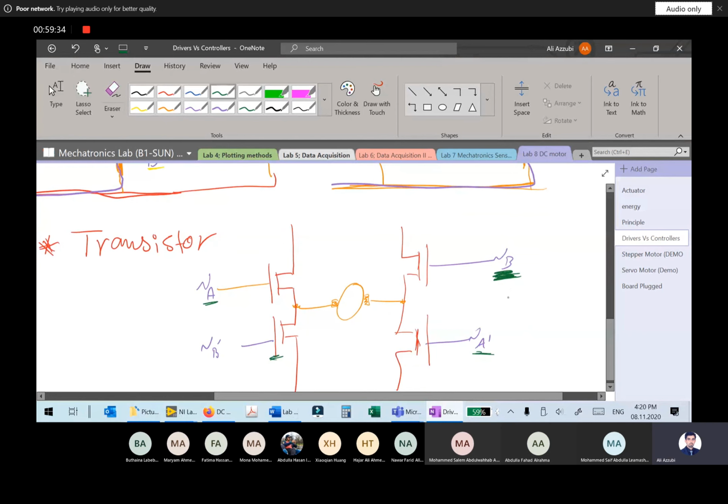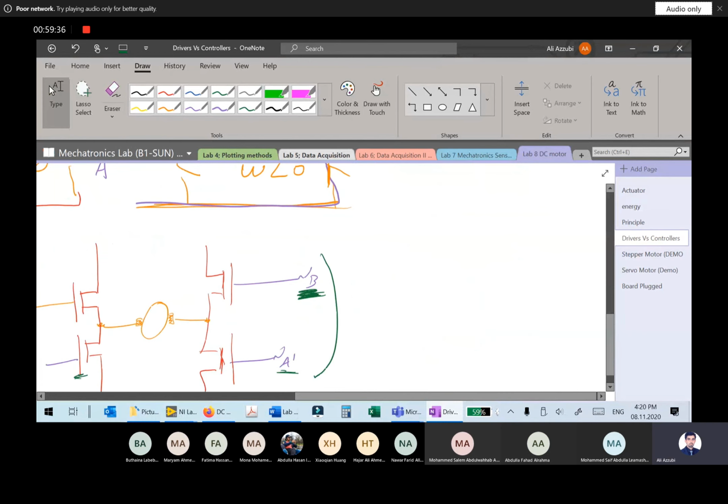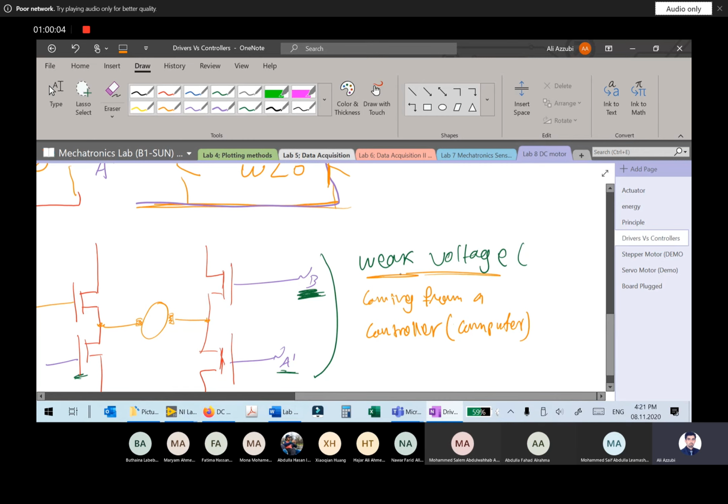Here these voltages are weak. Why weak? Because it's coming from a controller like your computer, because the computer cannot provide a very strong current to drive your motor. It just gives a weak voltage.